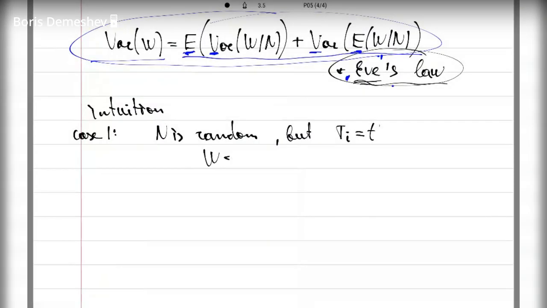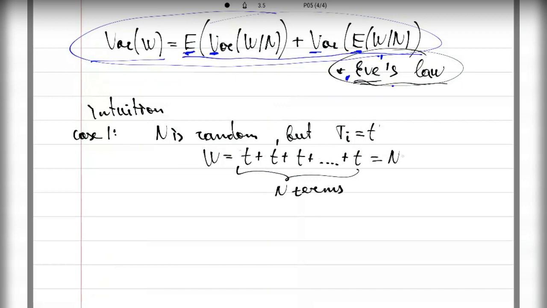So W is t plus t plus t plus and so on plus t, and you have N terms, but every term is fixed. In this case, that is N times t, and in this case, variance of W is t squared times variance of N.